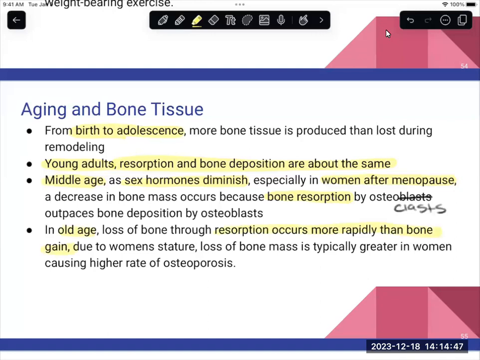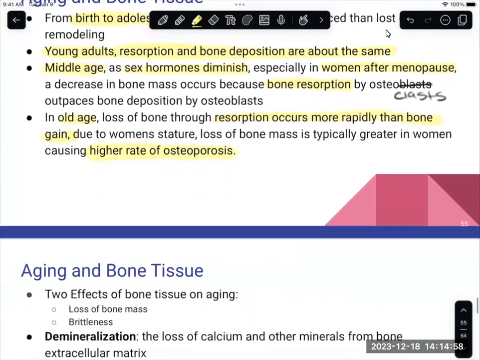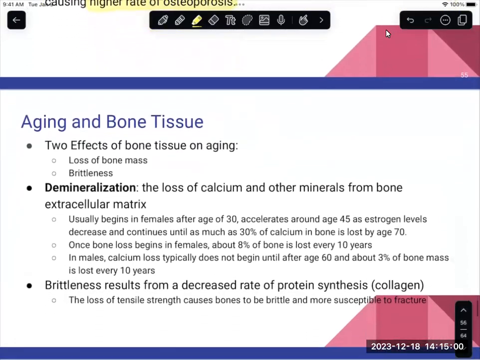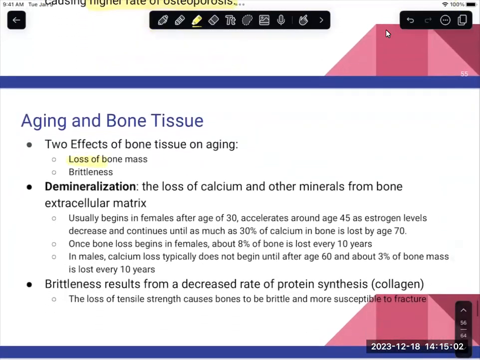Women typically lose more bone mass and have a higher rate of osteoporosis because of menopause. So women, when they get older, their bone mass is going to go down. Their bones also become a lot more brittle. This demineralization is the loss of calcium from the bone.